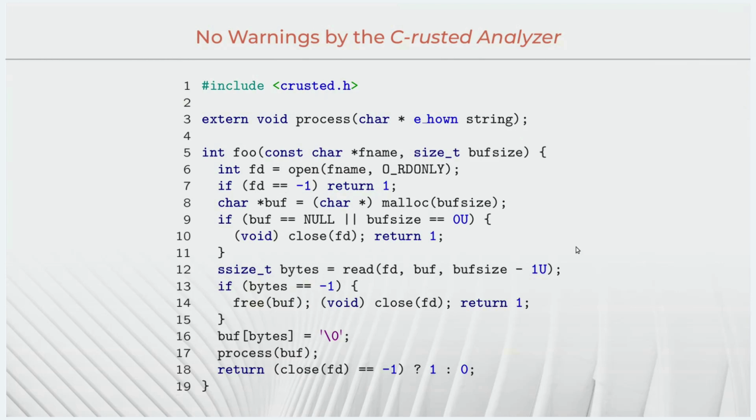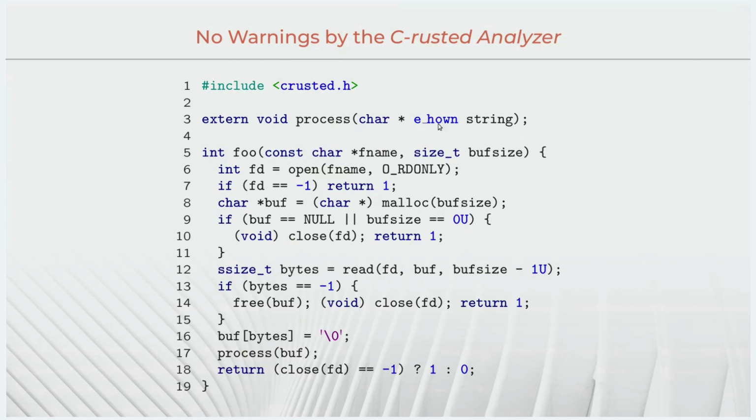And process of buff this time is not flagged because you see there is an annotation here. Process takes a char pointer, but a char pointer that is special. The call to process in line 17 is not flagged because process takes a char pointer to heap-allocated memory, and it takes ownership of its argument.